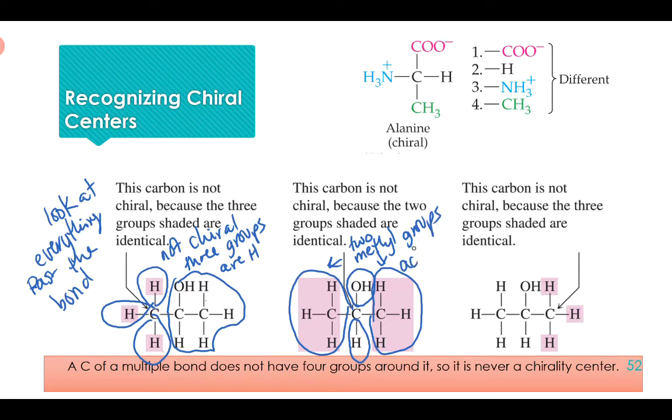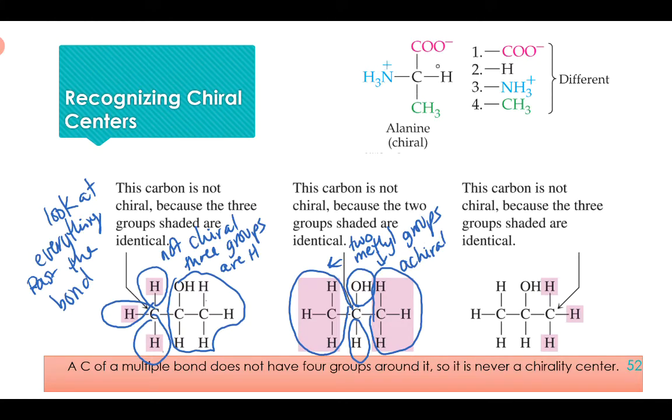And so that one is not chiral as well. Now this carbon is the same as this over here. This and that are just mirror image of each other. So this one's not chiral for the same reason that that carbon was not chiral. We have to have 4 different groups bonded to it. And so none of these carbons are chiral.